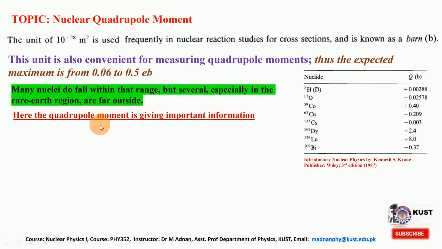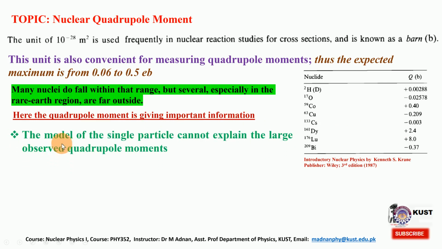Here the quadrupole moment is giving important information, that is, the single particle model cannot explain the large observed quadrupole moments, as we have discussed for the rare earth regime. That is, these quadrupole moments cannot be found when we are talking about a single particle, that is the unpaired nucleons.